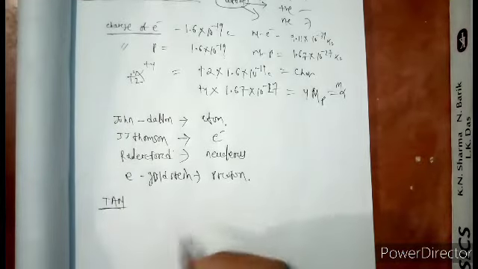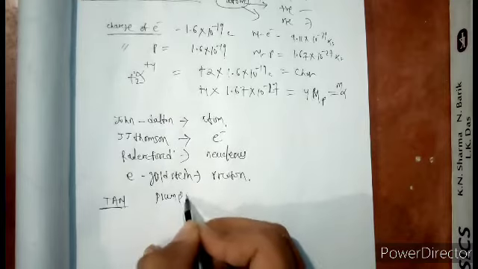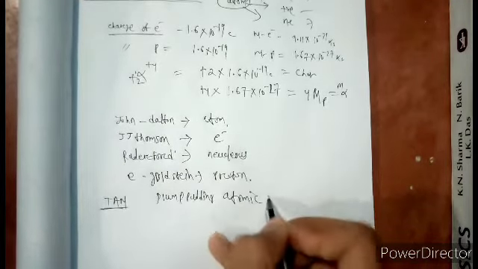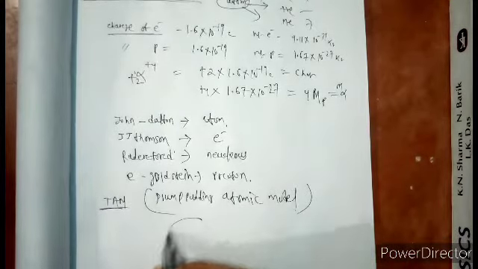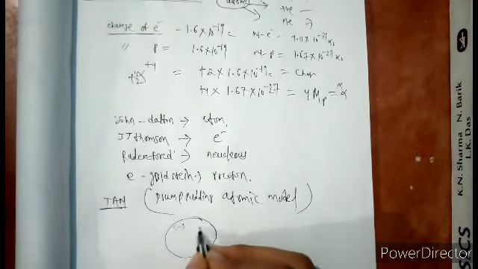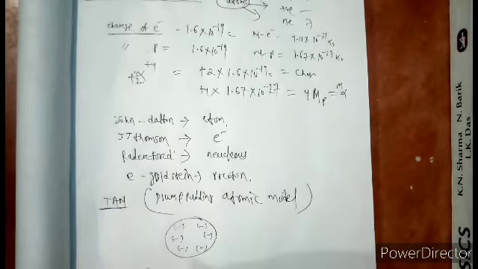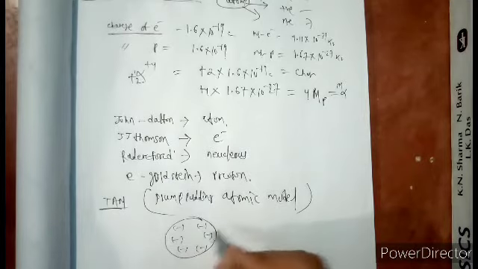We simply call it the plum pudding atomic model, because in this figure the negatively charged particles are like plums in a pudding.